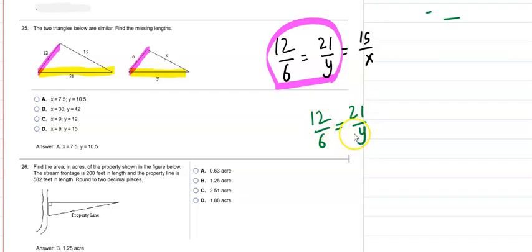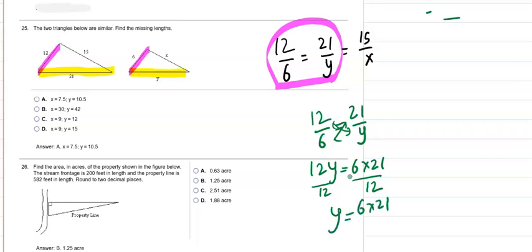So you cross multiply. 12 times y equals 6 times 21, and y equals 6 times 21 divided by 12. And if you multiply 6 with the 21 and you divide by 12, you get 10.5. That's the y.